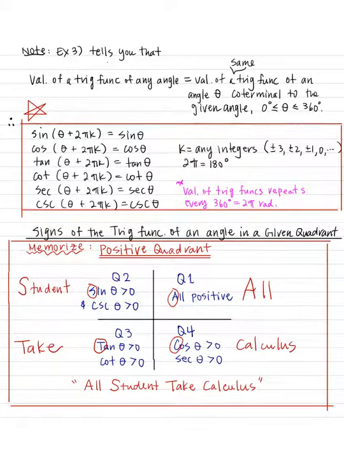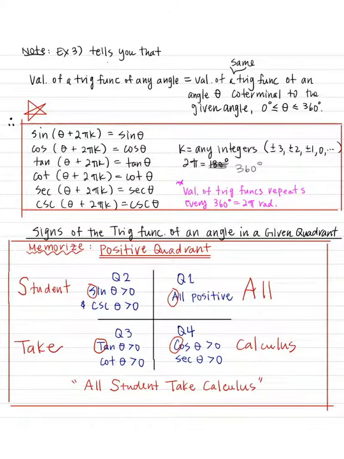All right, and 2 pi is 360 degrees. So notice that the value of the trig function repeats every 360 degrees, which is 2 pi radians.